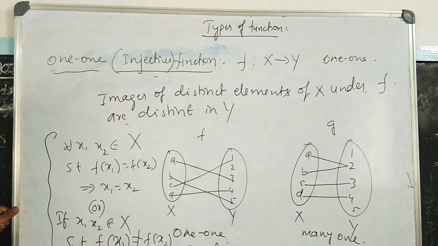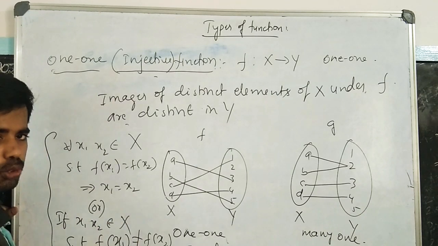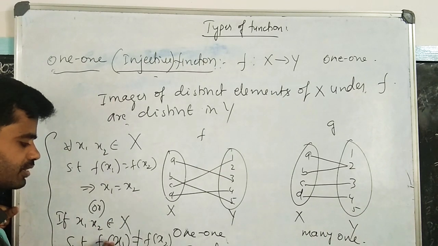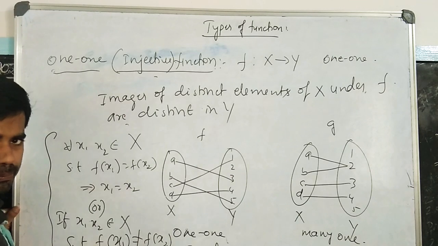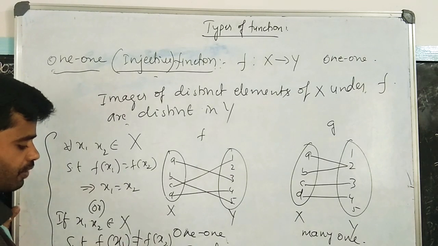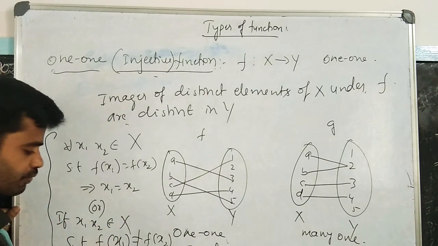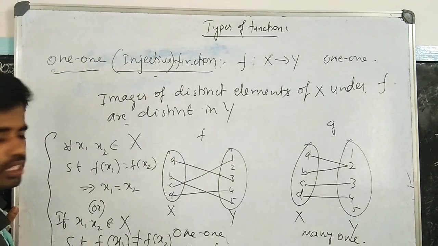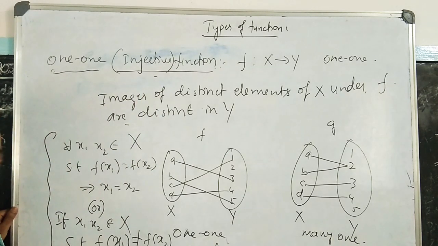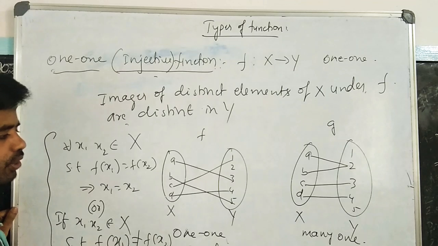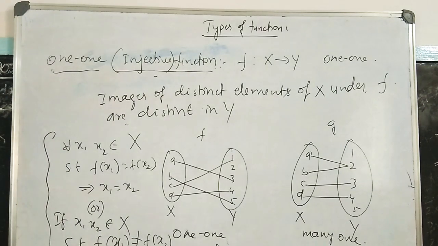In another way, I take two elements in the domain such that their images are not equal. Then we have to verify their pre-images are also not equal. Then only we can say that it is a one-one function. Okay, understood? Now one more, that is nothing but onto.